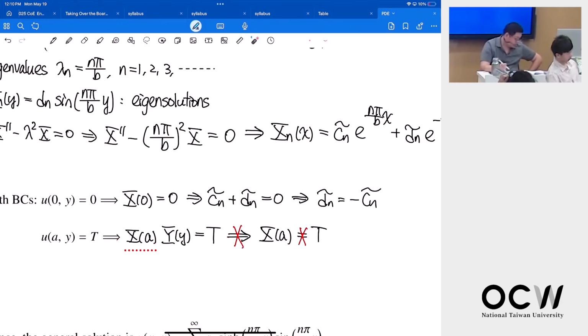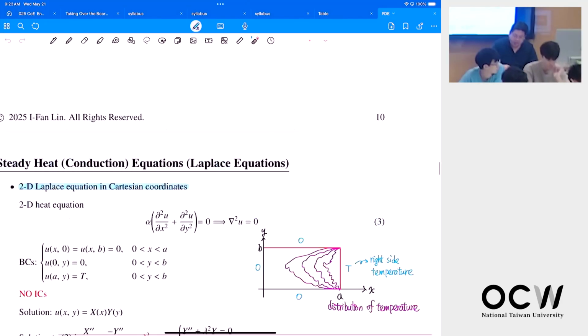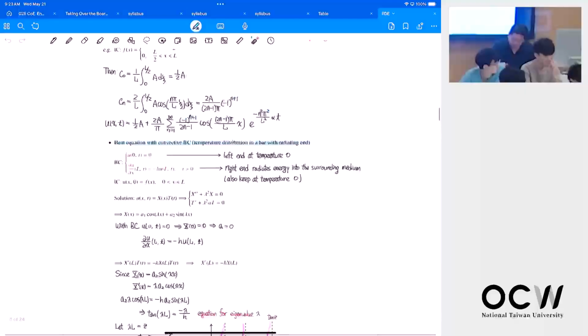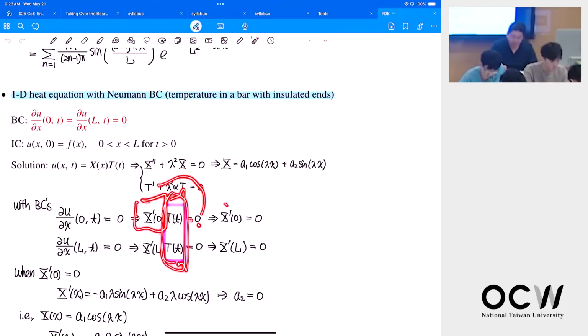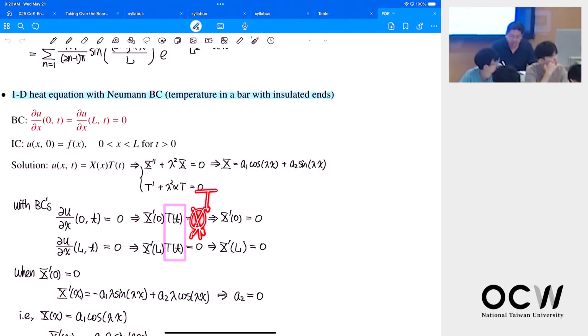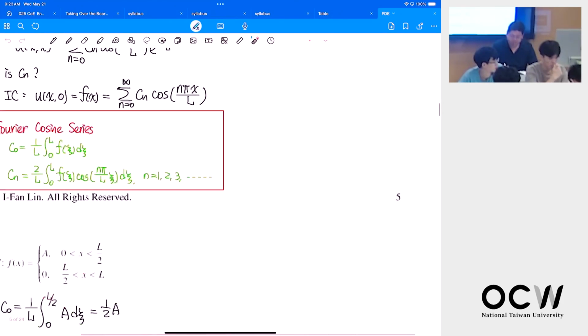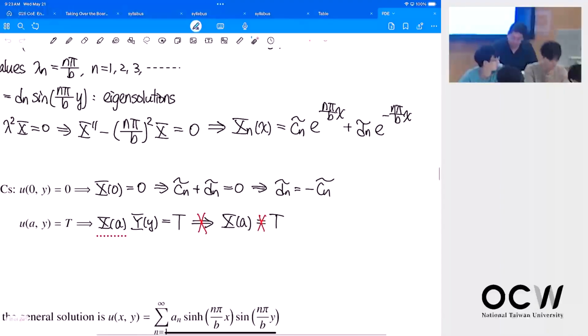In the past, these may change, but whatever they change, they should be 0. So it is better that we assume this derivative is 0. Then I really don't care about the value of T. But now the final result is not 0, it's T. So we cannot assume that this is T.